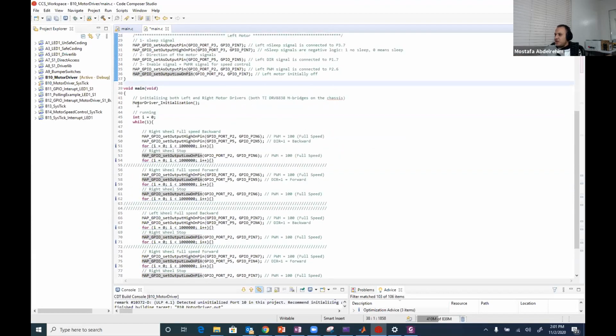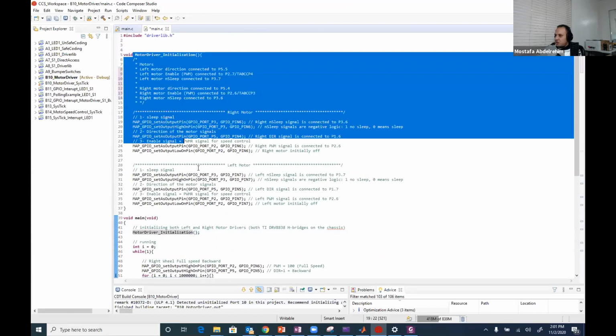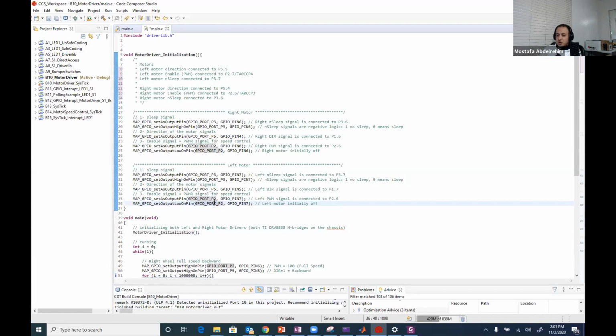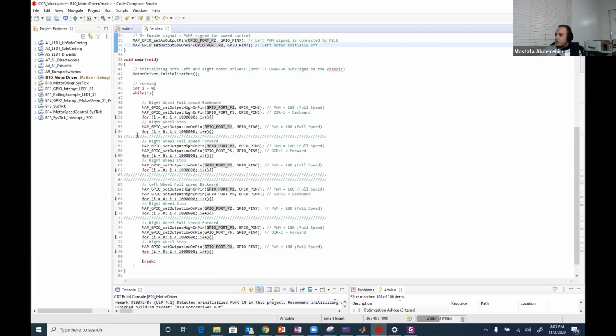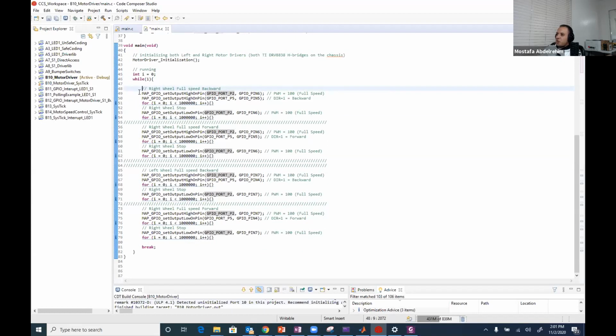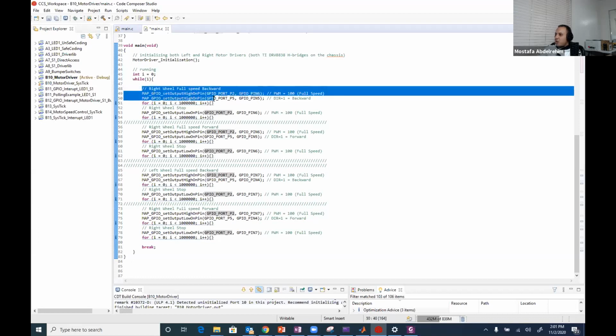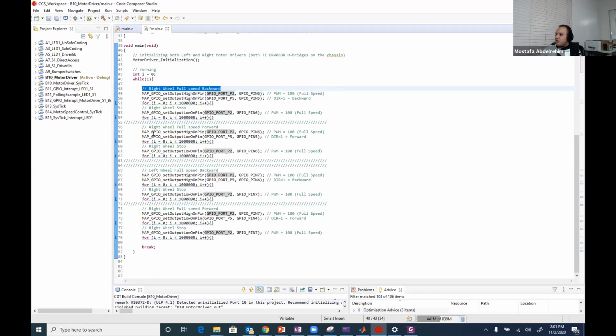Okay, so the first thing, we initialize the motor, so this function will be executed and the motor drivers will be initialized. Then in this while loop, I'm gonna go backward first, then stop.